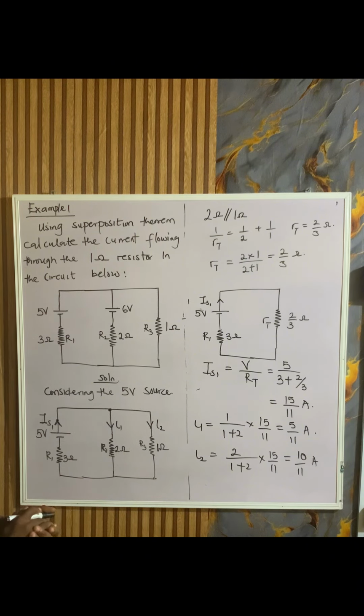Since we are done with this 5 voltage source, we need to look at the current as a result of the 6 voltage source, because we have 2 sources here, the 5 voltage source and the 6 voltage source.